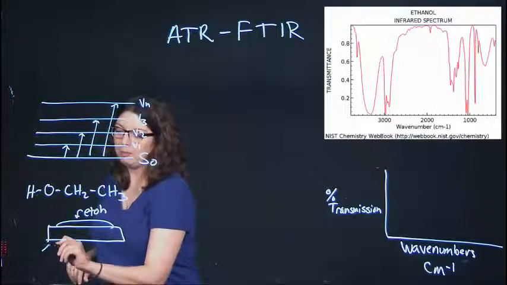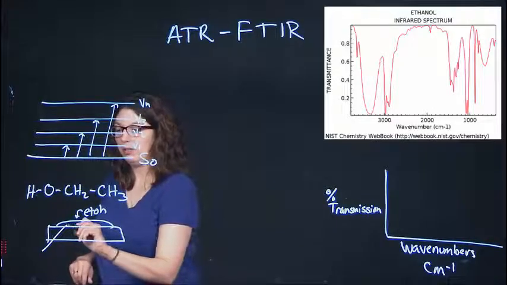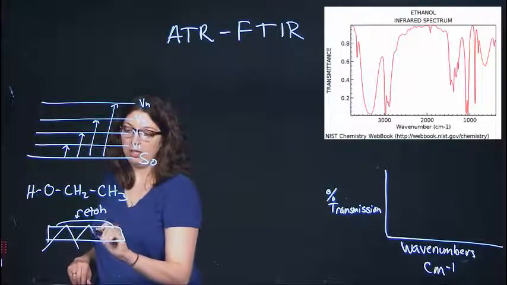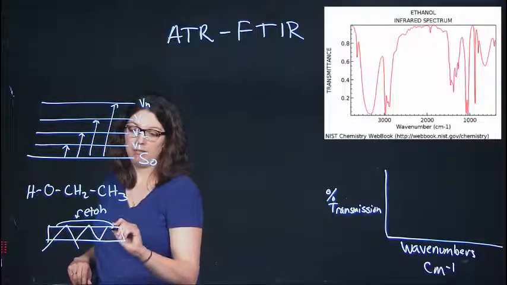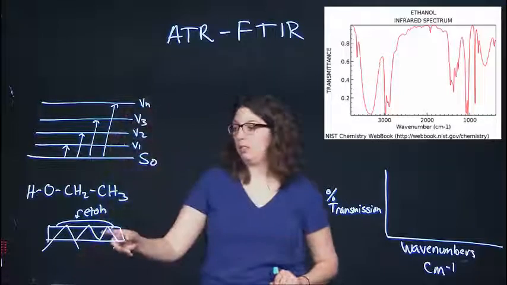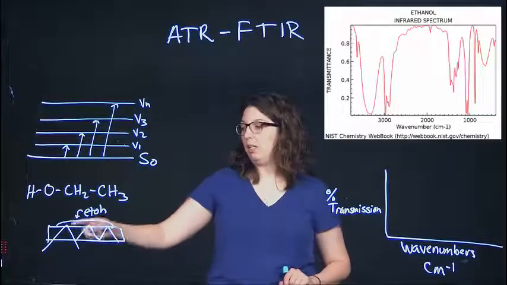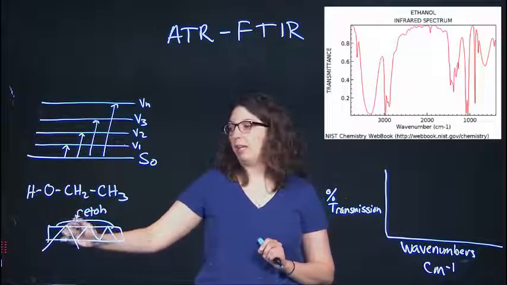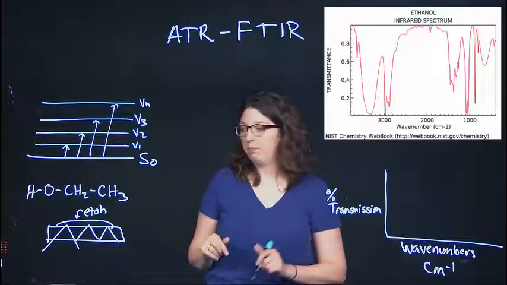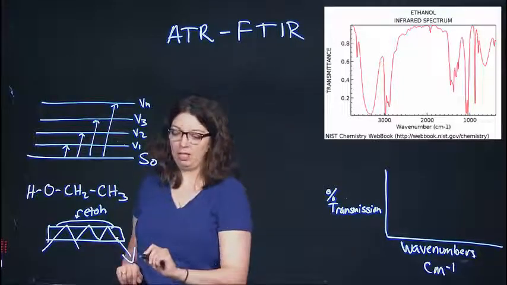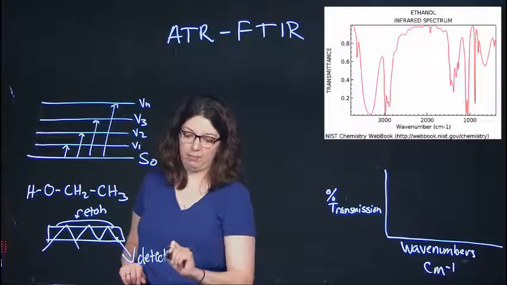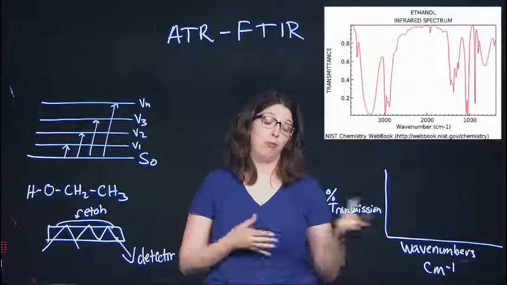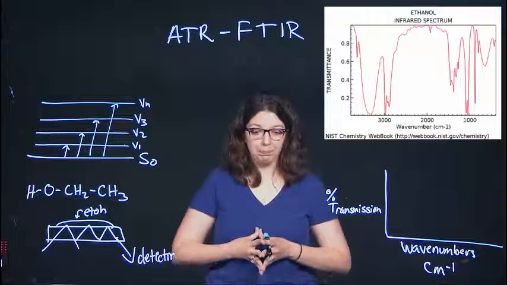And what happens is we shine IR light through the crystal, and just a small amount of that IR light is absorbed at the interface of the sample and the crystal, and it gets reflected, and we can imagine we're getting just small absorptions each time that light is reflected back down to the crystal. Okay, eventually the light goes to a detector where we can determine what amount of light and what wavelengths or what frequencies that light was absorbed.